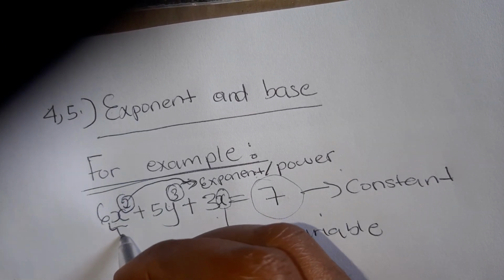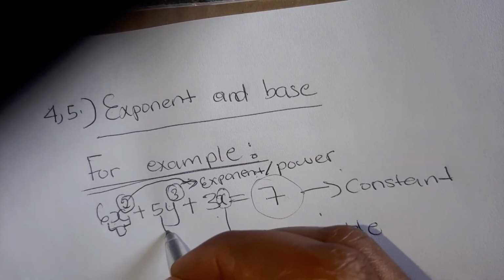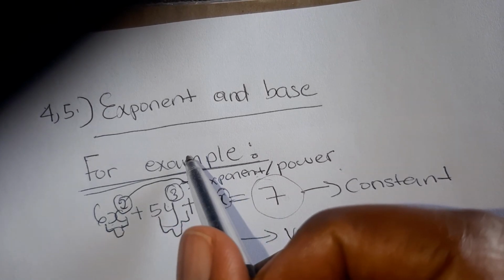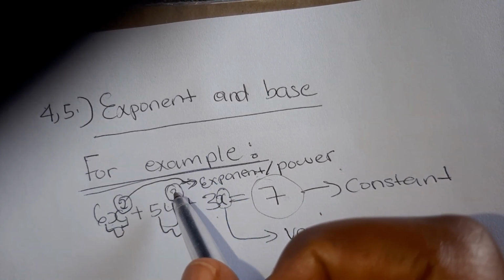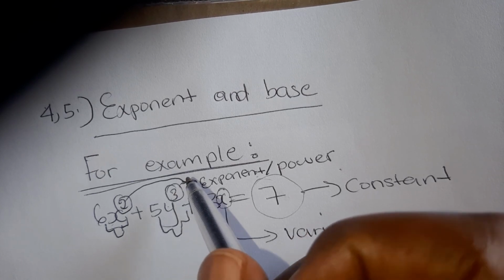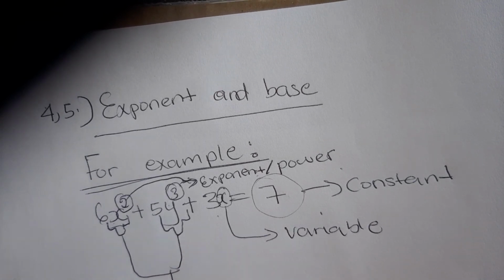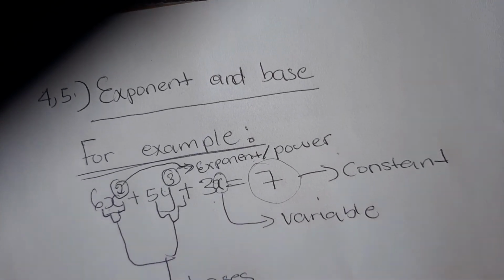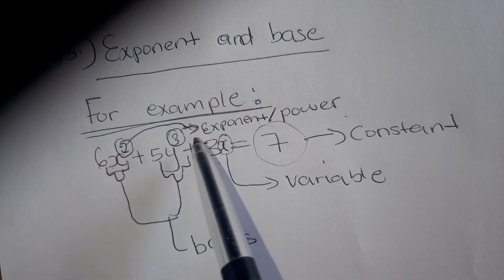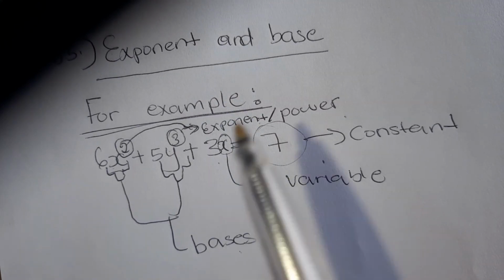So let's move on to y and x. This y, this x and this y, they have powers. So when they have powers, they are no longer variables. They are bases. When they have powers, we call them bases. They are no longer variables.